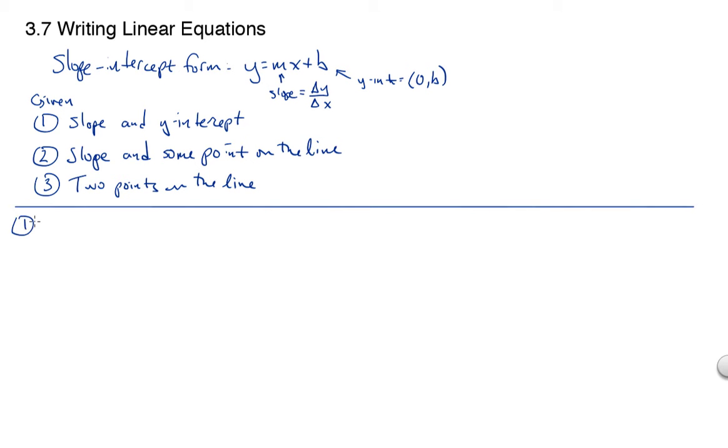Let's start with situation 1. We're given the slope and the y-intercept. So this is pretty straightforward. Let's just do a quick example right here.